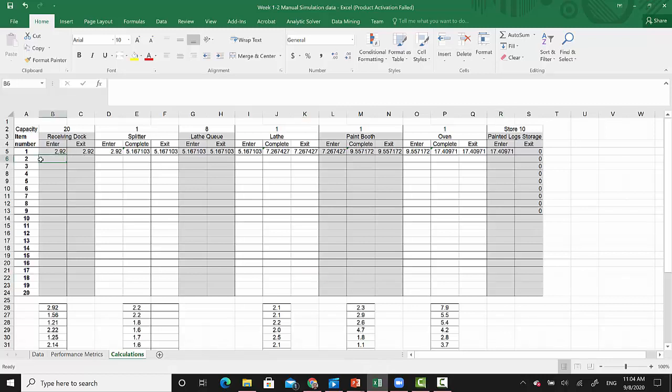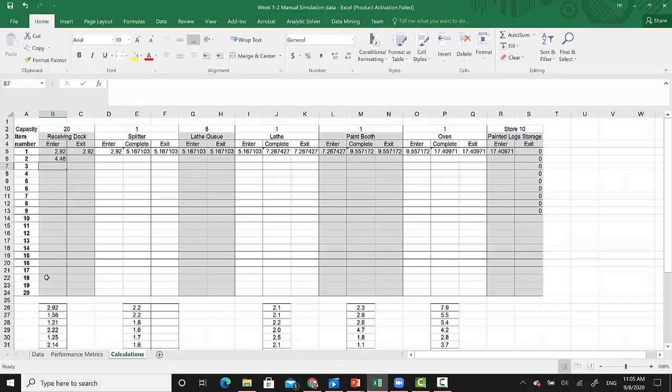So here, second item. The second item will arrive 1.56 minutes after the first item arrives. So it will be the previous item's arriving time plus its inter-arrival time that we just copied here.